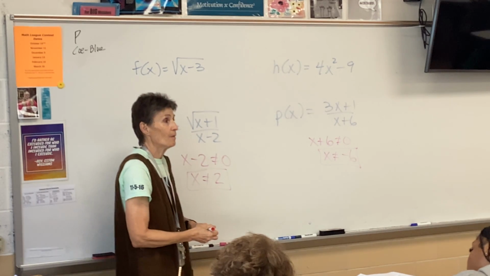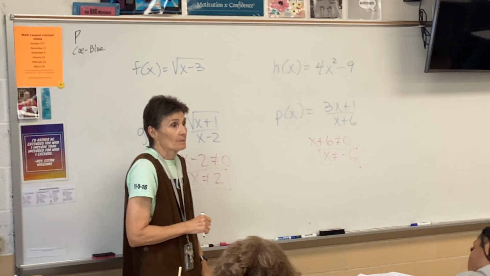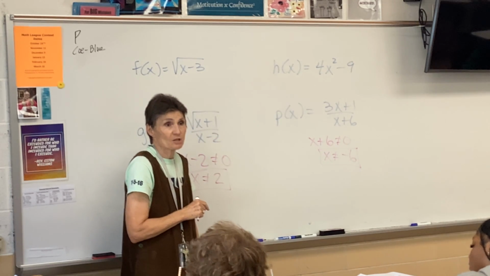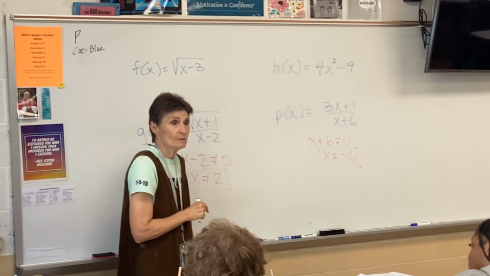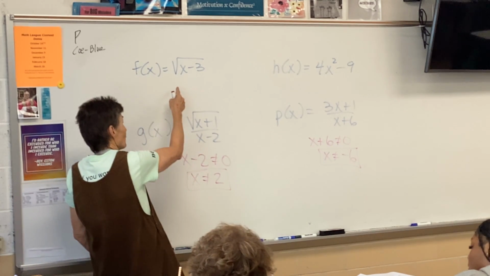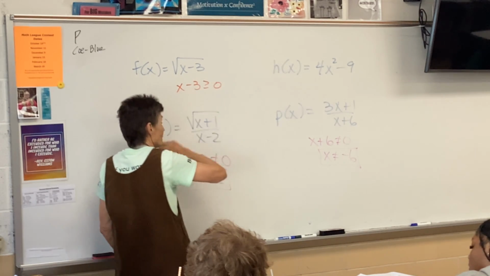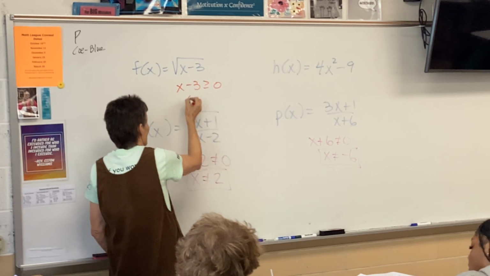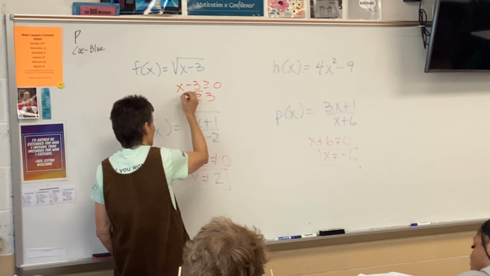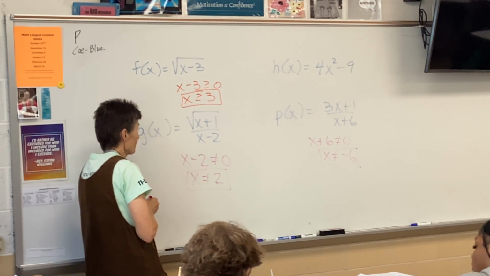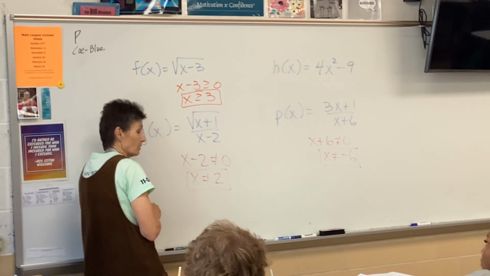All right, what's the other rule? Whatever is under the radical has to be greater than or equal to 0. So there's a radical. X minus 3 has to be bigger than or equal to 0, so x has to be bigger than or equal to 3. There's a radical.